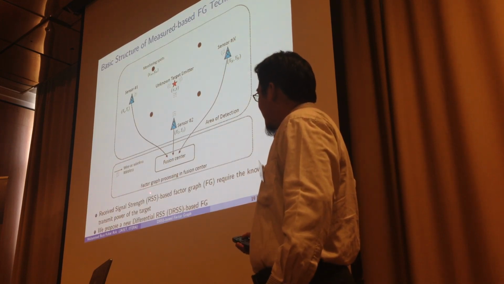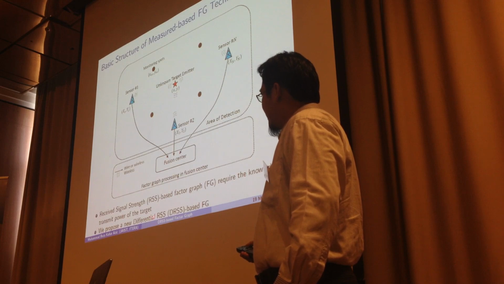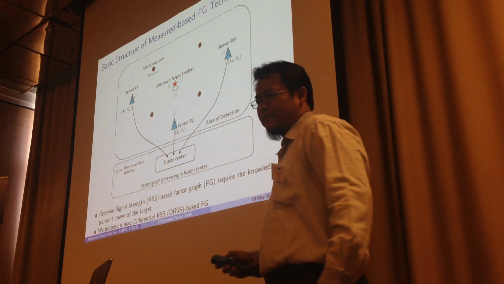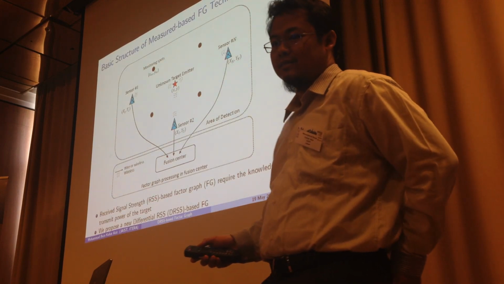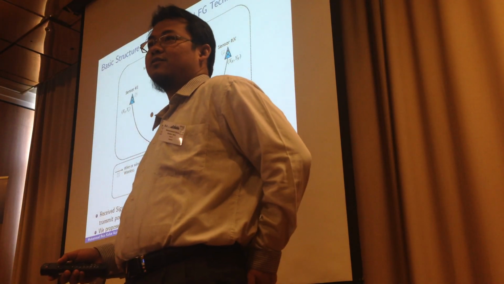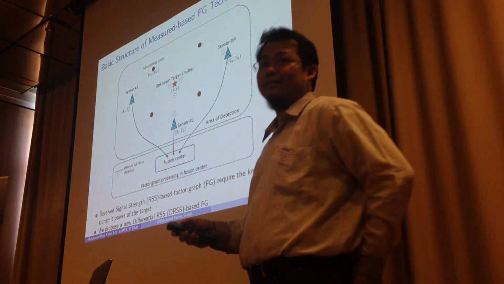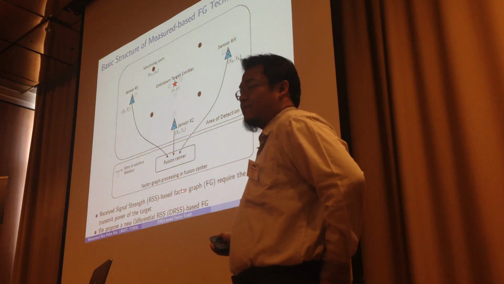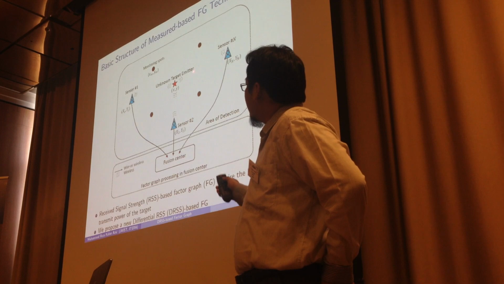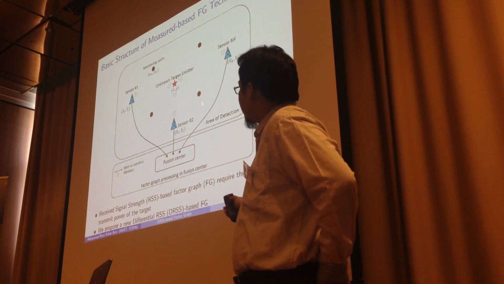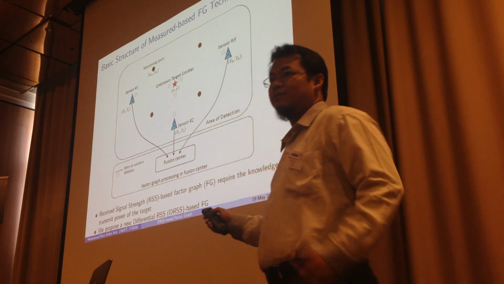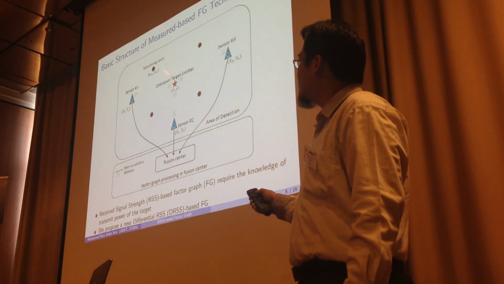And then, why do we choose the DRSS? Actually, there is already an RSS factor graph, which was proposed in Transactions on Wireless Communications in 2009. This is using monitoring spots. These monitoring spots are only for the RSS case. For the DOA and TDOA cases, you do not need monitoring spots.